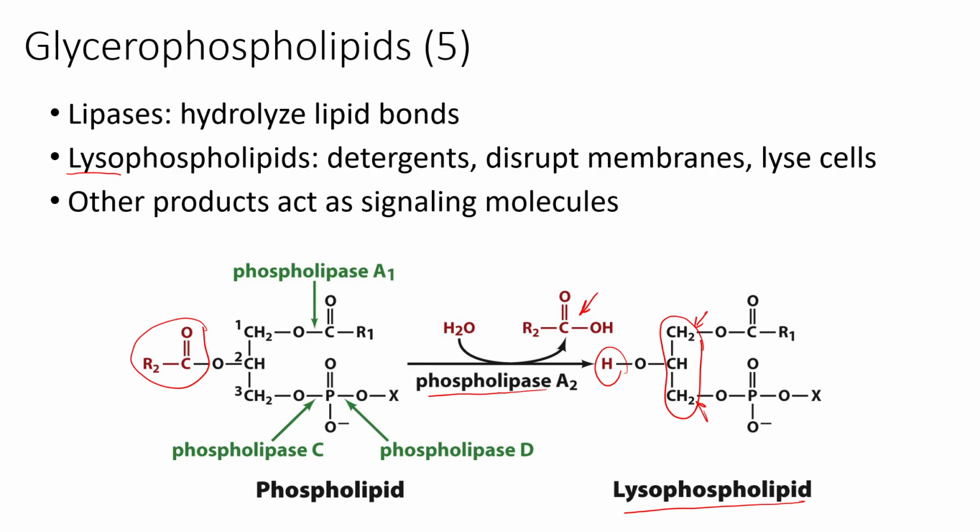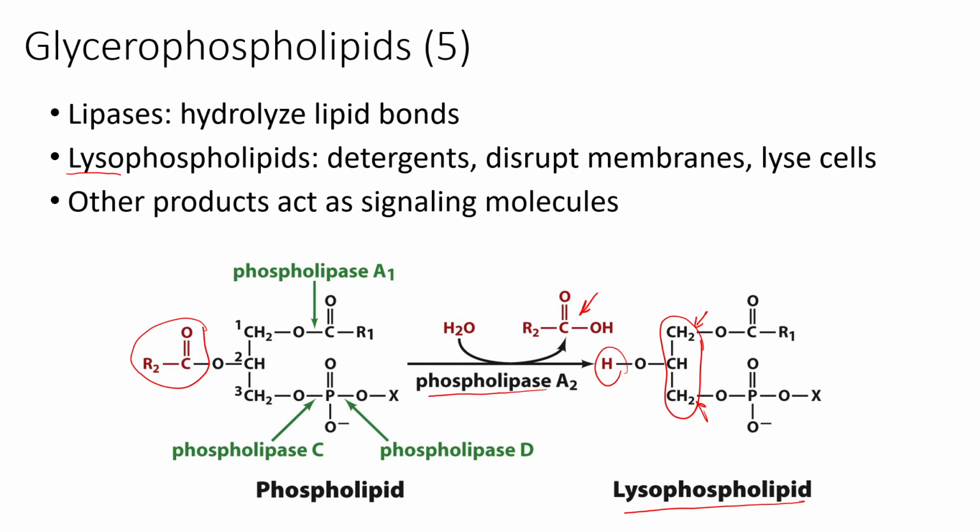There are also a number of different classes of phospholipases that all have slightly different names. So phospholipase A1 and A2 cut that ester linkage between the glycerol and the fatty acid, either at carbon 1 or carbon 2 of that glycerol, based on the name. Phospholipase C and D cut somewhere on that head group, either before or after the phosphate.